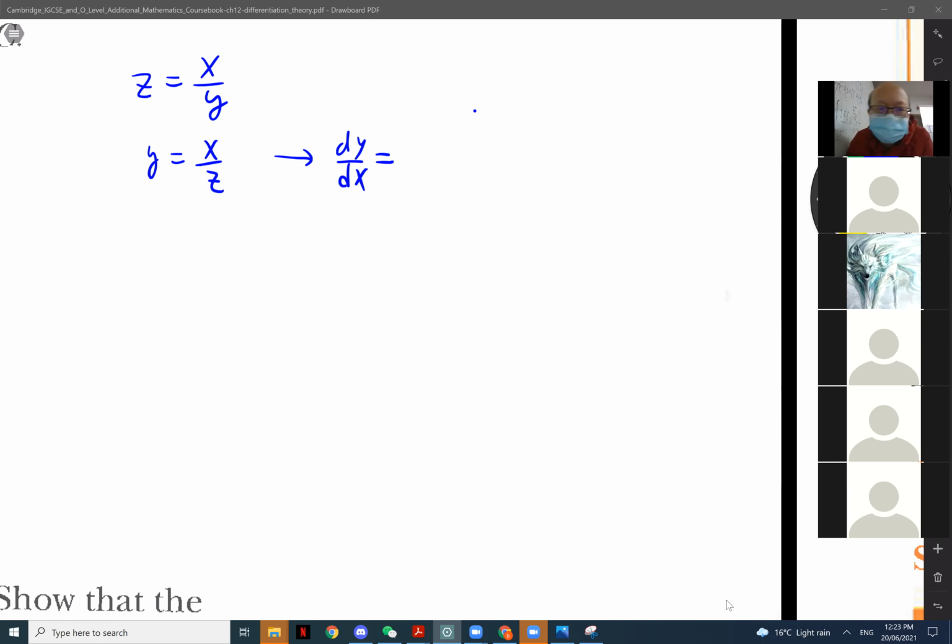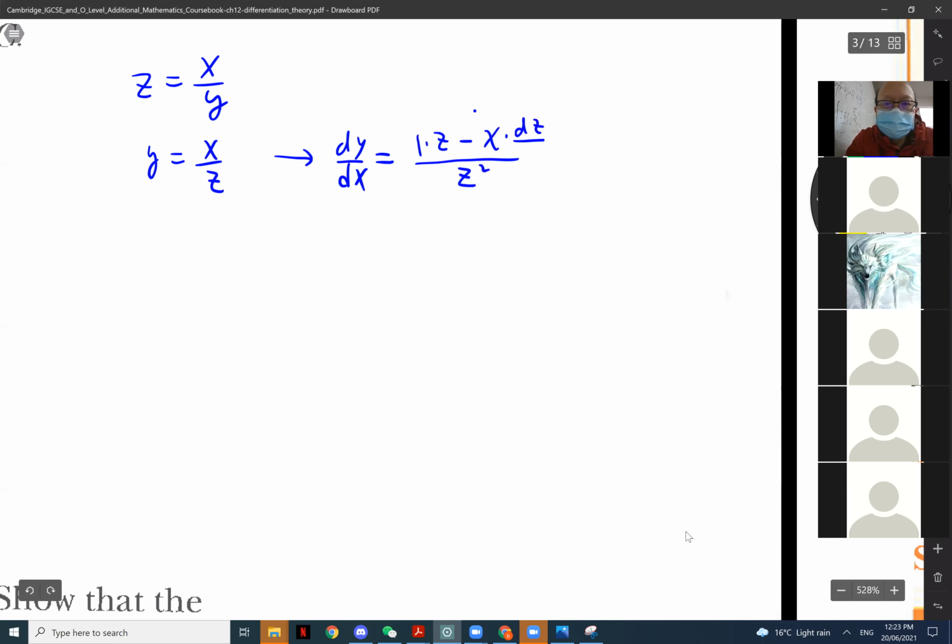So it's a quotient rule. Double check if you understand this quotient rule. Grace, do you understand this quotient rule?